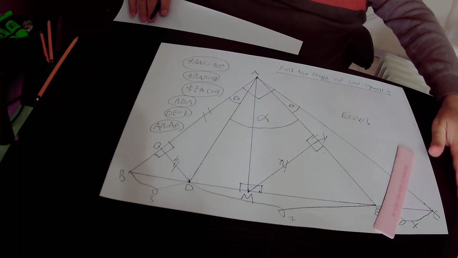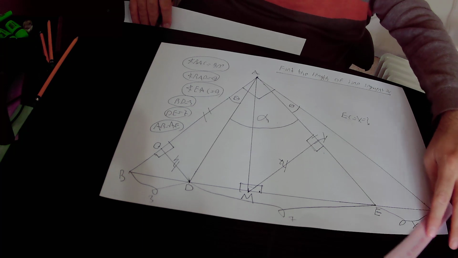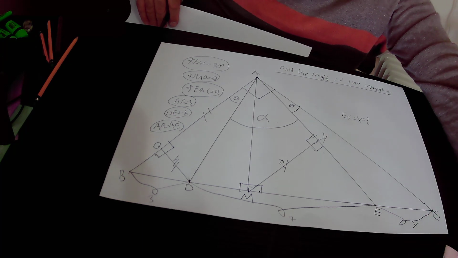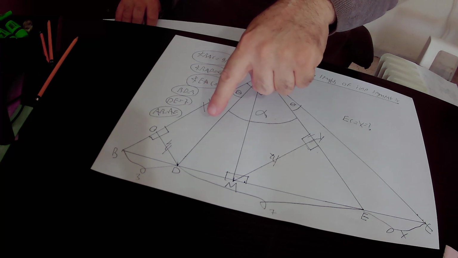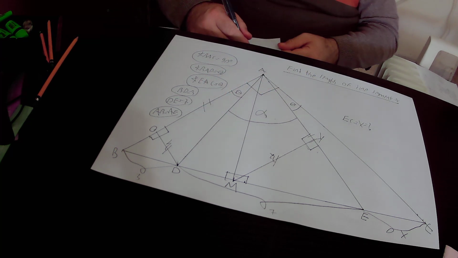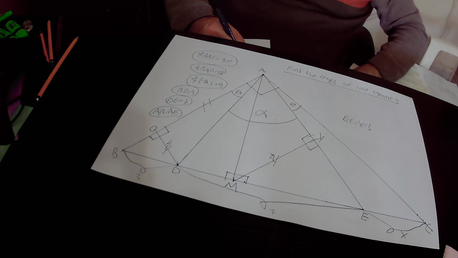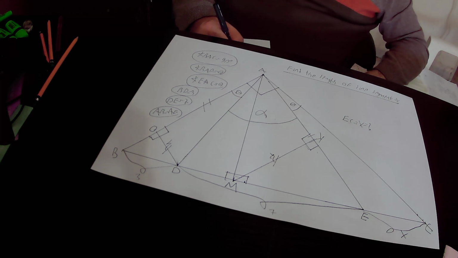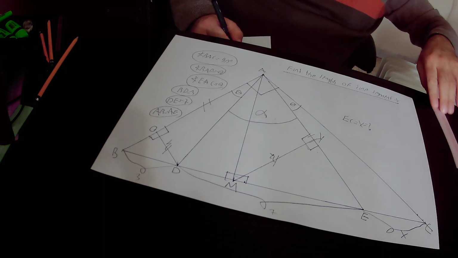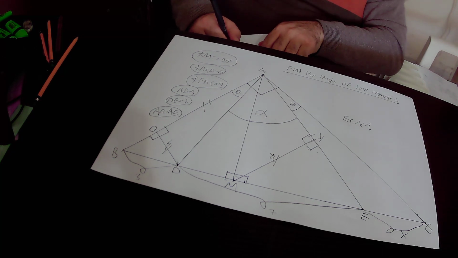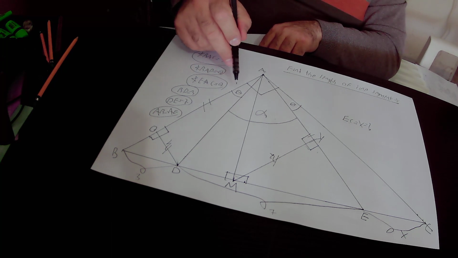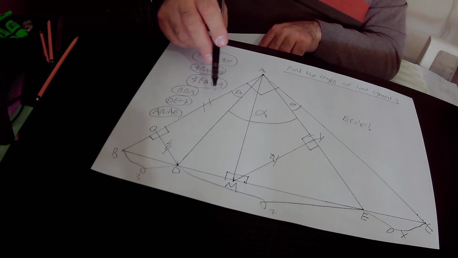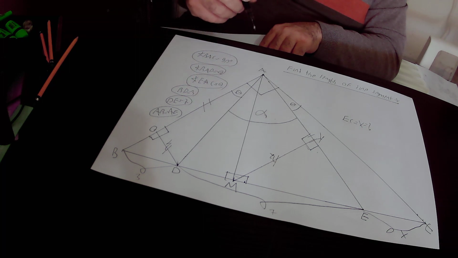So what is the value of H1? If we focus on the right triangle AOD, then in the right triangle AOD, sine theta will be equal to H1 over AD.